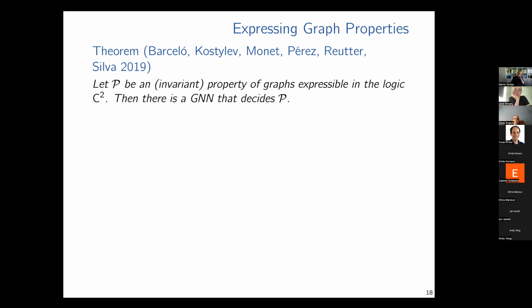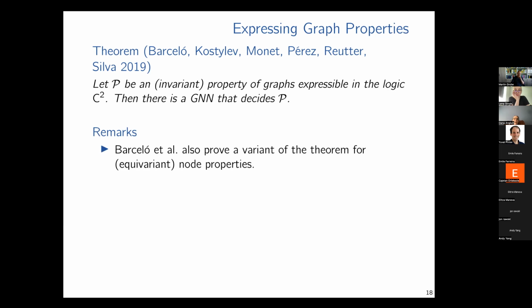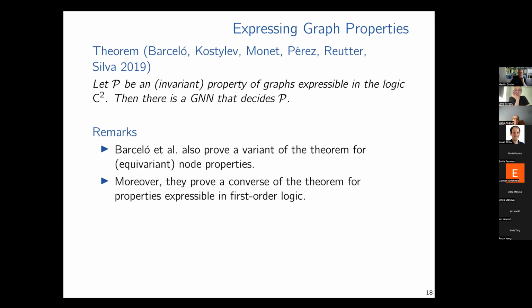There's also a variant of the theorem for properties of nodes of the graphs. I don't want to get into this now. They also prove a converse of the theorem.